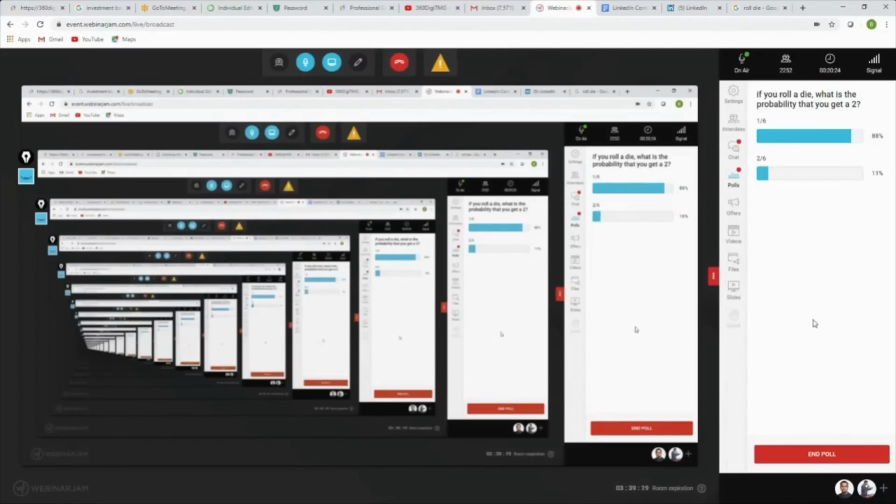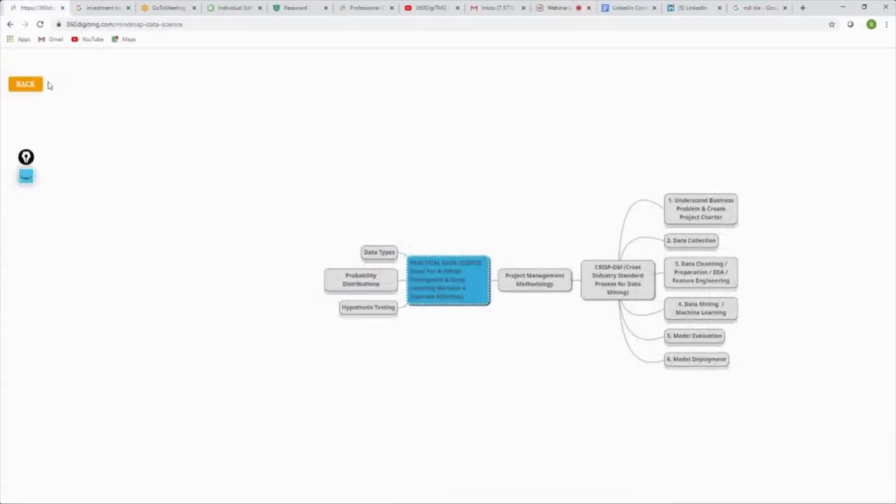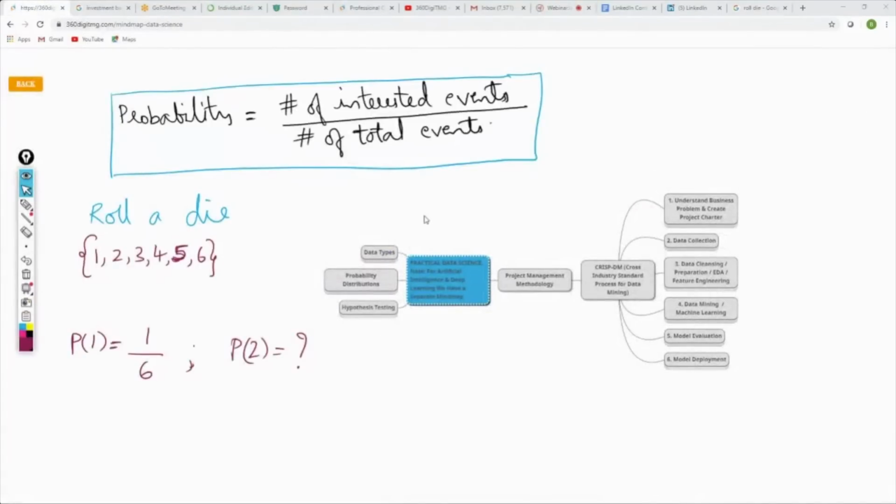Interesting. A lot of y'all are getting it right, but a few of y'all are getting it wrong also. So I need to explain it in a better manner. Okay, let's go back here and let's understand this. We have to just apply this formula.